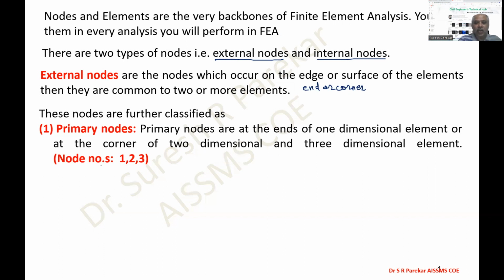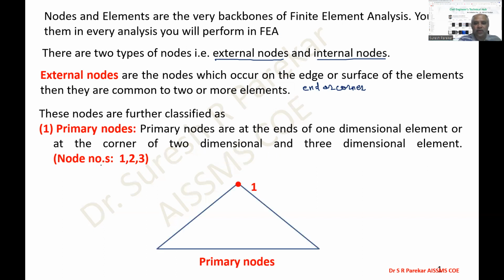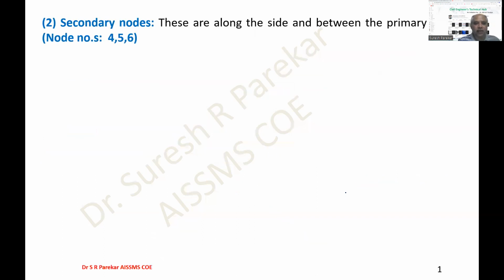You can see nodes 1, 2, 3 over here; these are at corners and are known as primary nodes. If you have a line element, then the primary nodes are at the ends, so I can mention them as 1, 2. These are your primary nodes. The second type is secondary nodes, which are along the side but between the primary nodes, and are shown by 4, 5, 6.